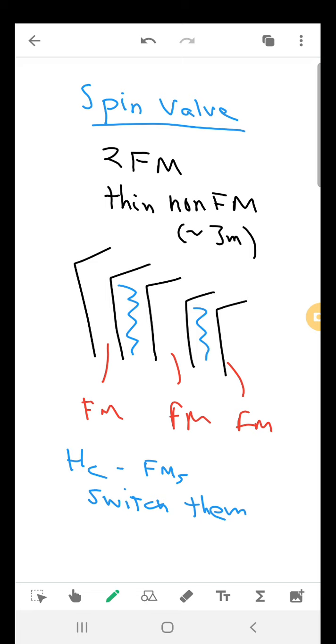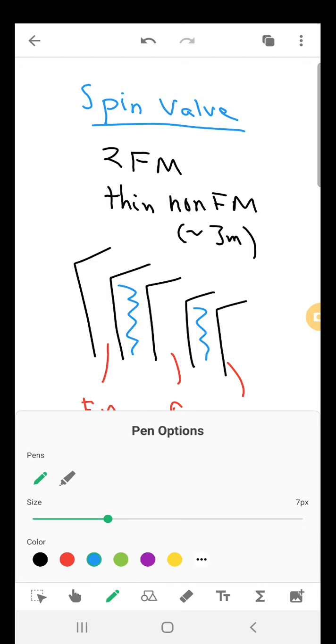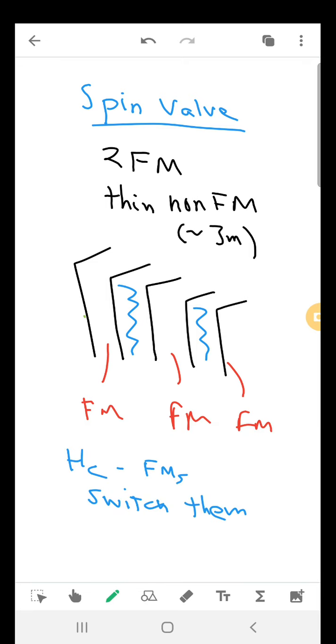Normally, the resistance is higher in the anti-parallel case. It means if you have magnetization in this direction and this one anti-parallel, then of course the resistance will be high, whereas parallel magnetization gives a lower resistance. This device is actually called a spin valve.